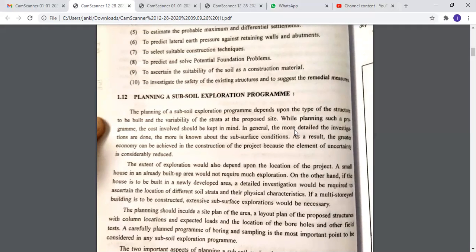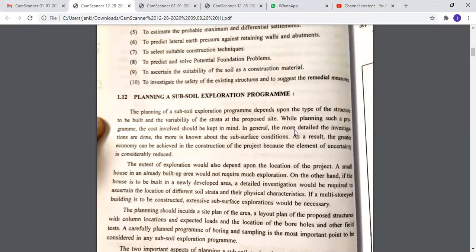The planning should include a site plan of the area, a layout plan of the proposed structures with column locations and expected loads, and the location of boreholes and other field tests, right? A carefully planned program of boring and sampling is the most important point to be considered in any subsoil exploration program, right?